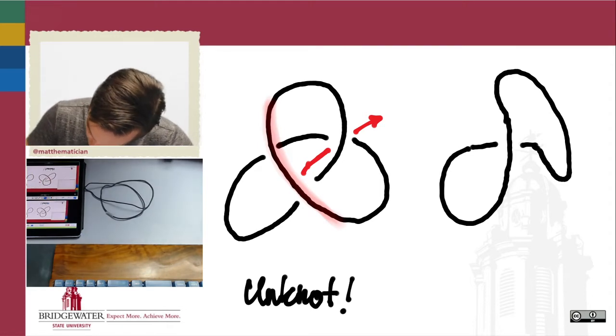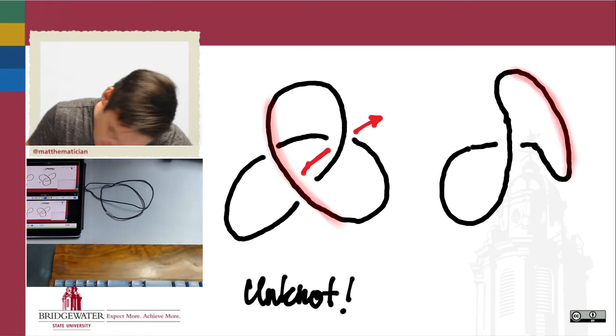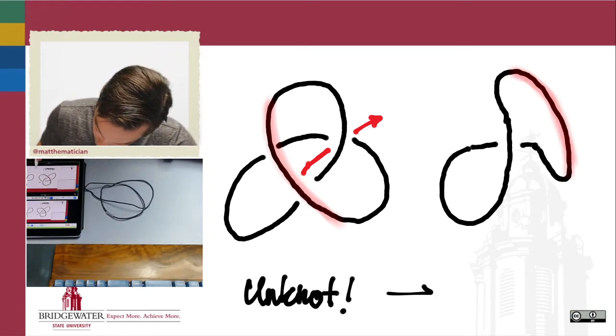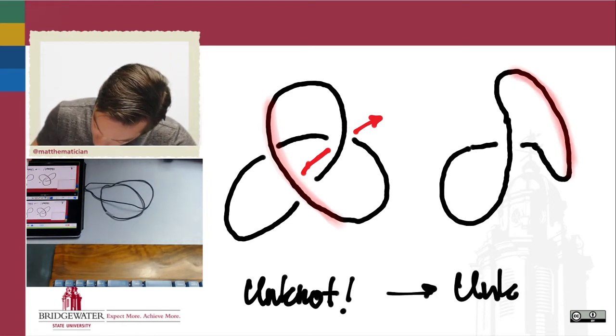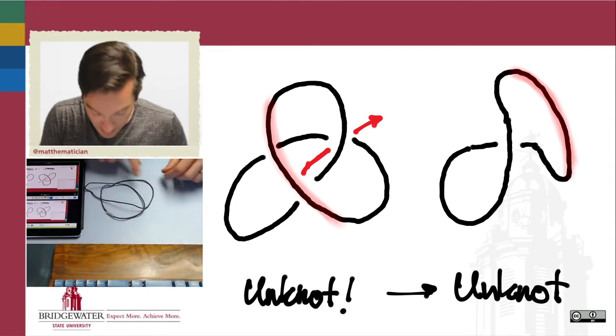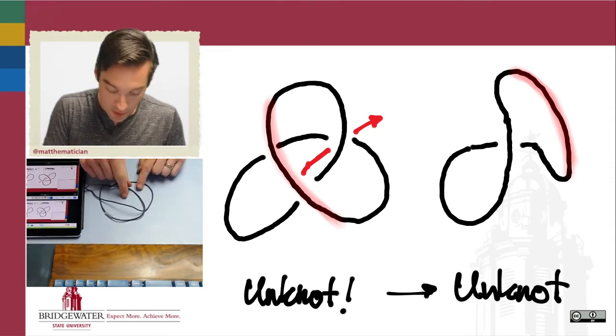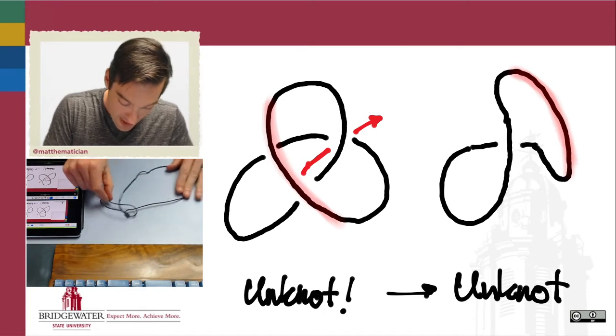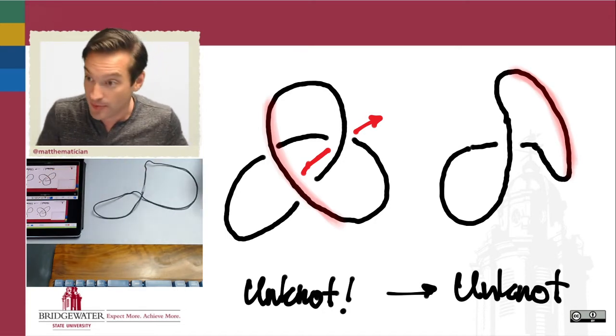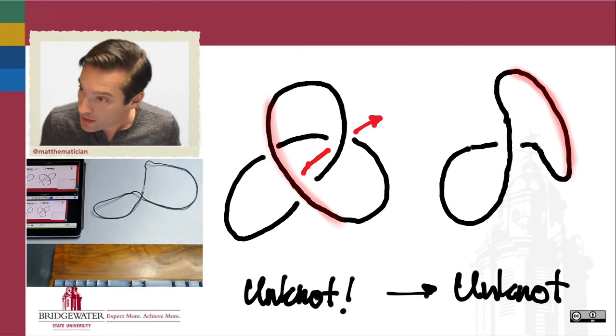Right, so my old red is now my new red over here on this side. And so, again, all it took was to do an isotopy. I just took one of these over strands and just moved it back over to the other side of its adjacent crossing. And I ended up with something that only has this 1 twist in it.